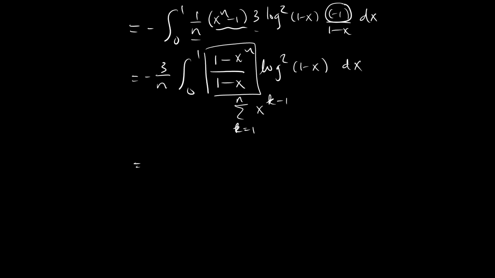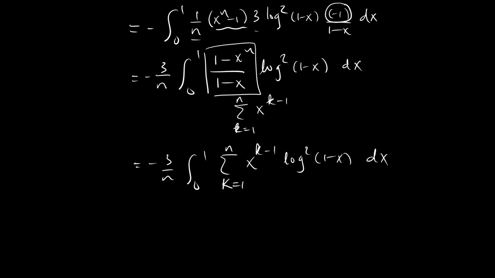So this becomes negative 3 over n, the integral from 0 to 1 of the summation from k equals 1 to n of, okay. And what we see here is we can swap the summation and the integral sign.